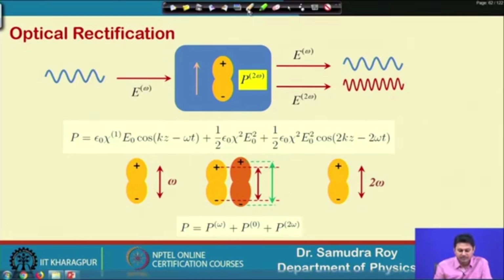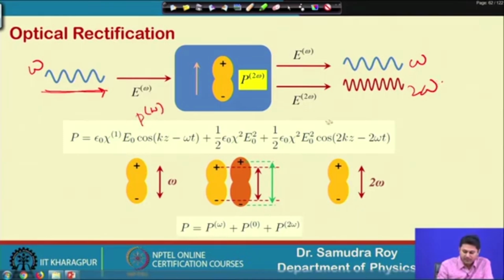This figure was already used in earlier lectures: if I have a launching wave with a frequency omega, we should have a frequency omega and 2 omega, which means the polarization should have a frequency component omega, a frequency component 2 omega, and also a zero frequency component, or null frequency component, which we write as P0. This is the equation I am talking about.